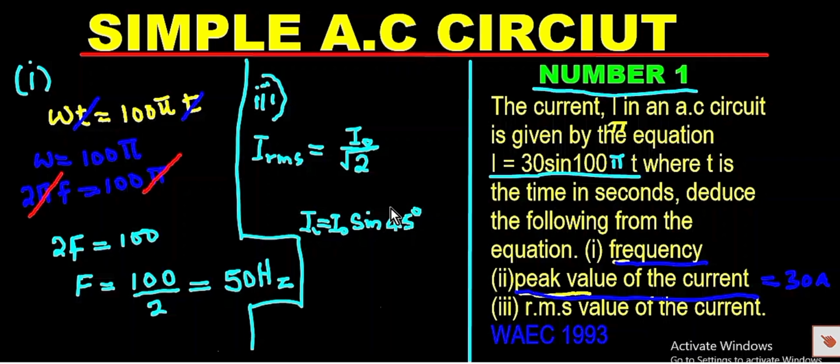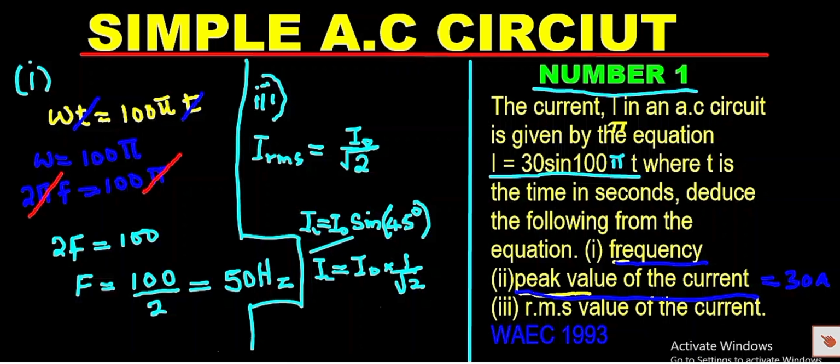If you can solve this, you can now find that this instantaneous current can be likened to the RMS value current. So at this point, which is equal to I naught, remember sine 45 is 1 over root 2. So this is how this RMS current came into existence.